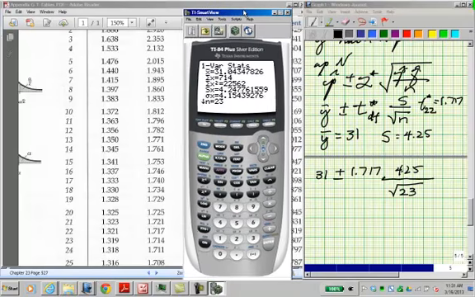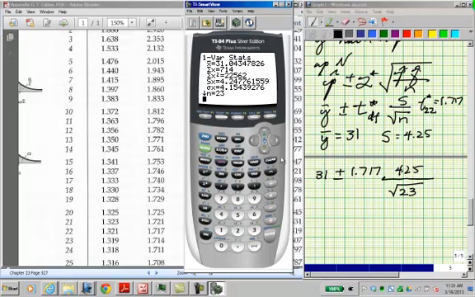So we got 31 plus 1.717 times 4.25 divided by the square root of 23. Let's call it 32.5.